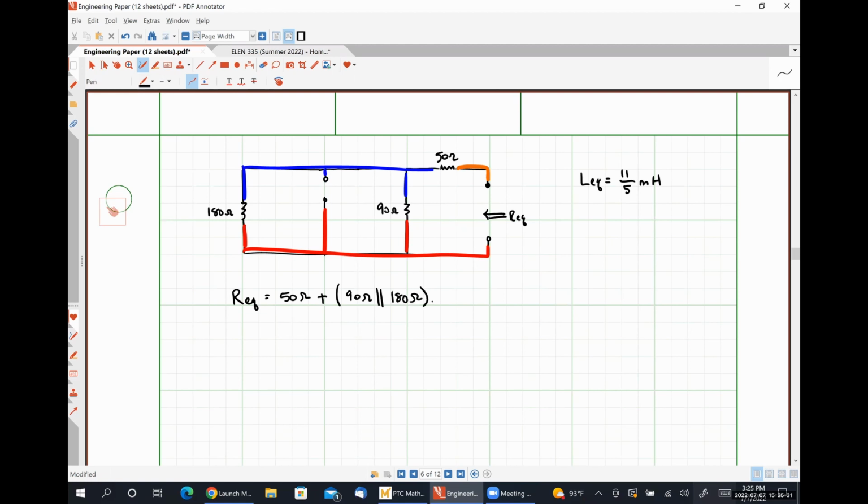Which, if my mental math is correct, is 110 ohms. All right, just checked it on my calculator to make sure. Does anybody have a problem with REQ being equal to 110 ohms?